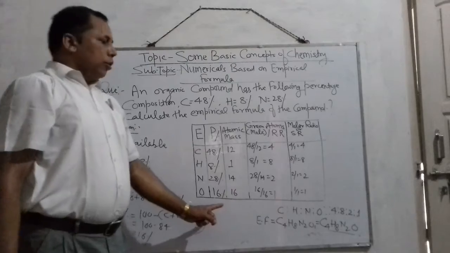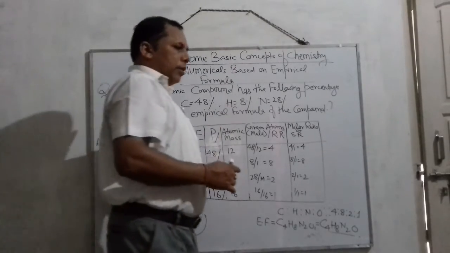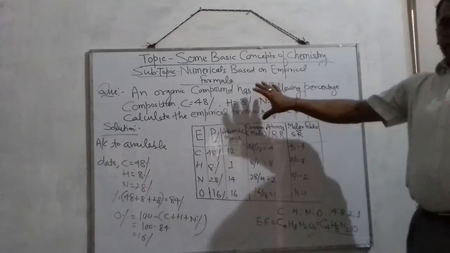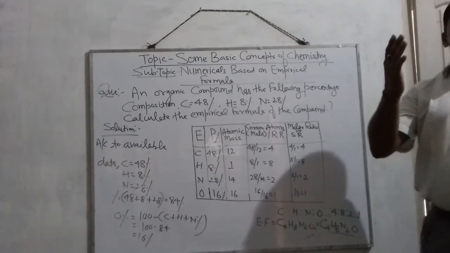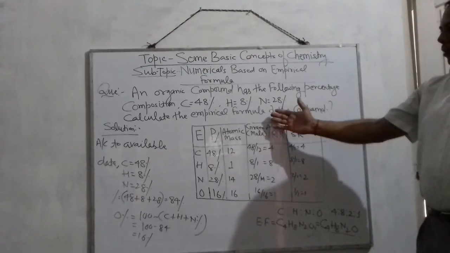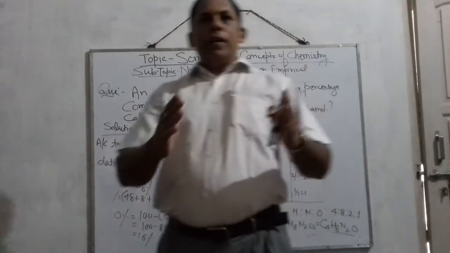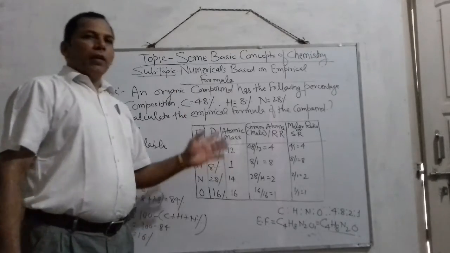Okay children, so this is the easier method by which you can determine the empirical formula of a given compound. How simple is that? It is much simpler if you understand the facts of empirical formula.